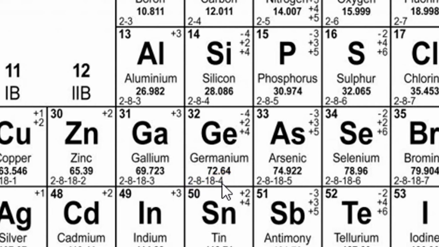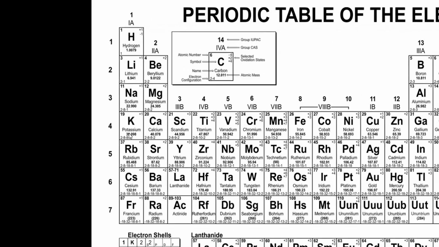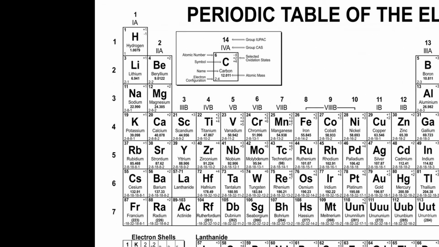So whatever is written here on the periodic table for the electron configurations will always tell you the ground state configuration for that element. You can see as we start going down the periodic table, we get more shells. I'm going to let you in on a little secret, a little mystery of the periodic table. Are you ready? These numbers down the side, these are period numbers.